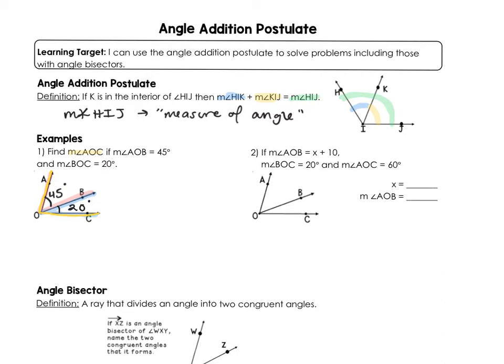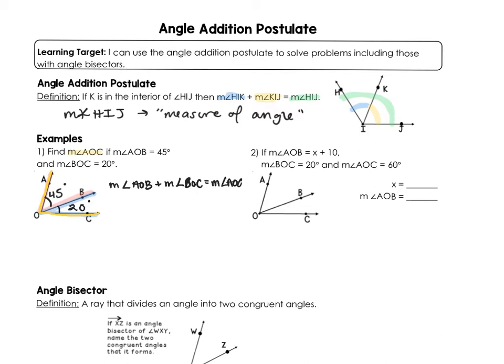So the first thing I'll do is write my angle addition statement. So in this case, my two smaller angles are the measure of angle AOB plus the measure of angle BOC equals the measure of my entire angle, angle AOC.